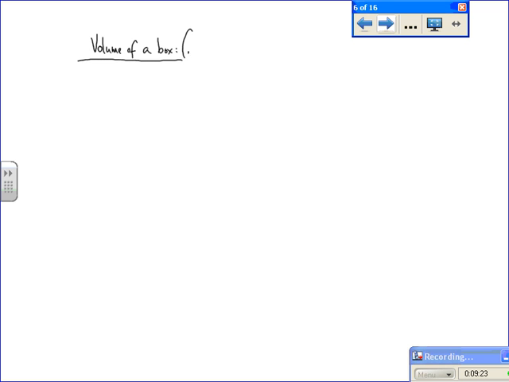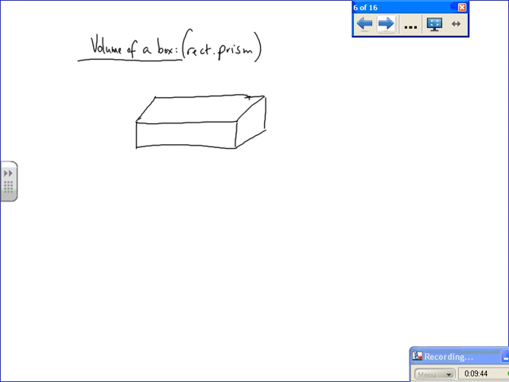We should be careful that we recognize that a box is a rectangular prism. And let me draw you a box. Let's say it looks something like this, and we could draw the base on the bottom just to show the base there.